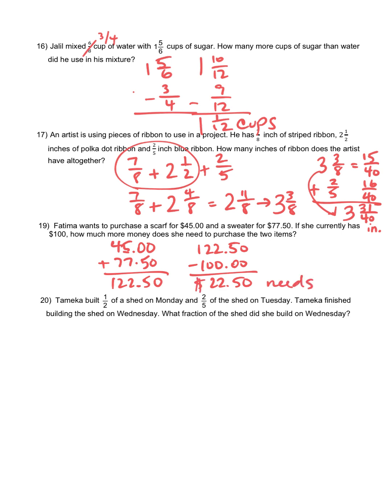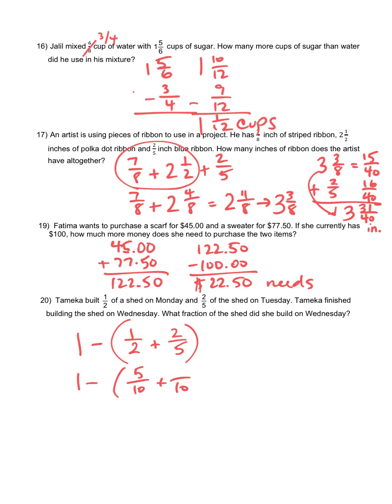And then this one always confuses everybody. We've built half, and we've built 2/5, and we've built something on Wednesday. We don't know how much. And then what part did she build on Wednesday? Well, we're building one whole shed. So we're going to take out the parts that we've built, and I need to get tenths.